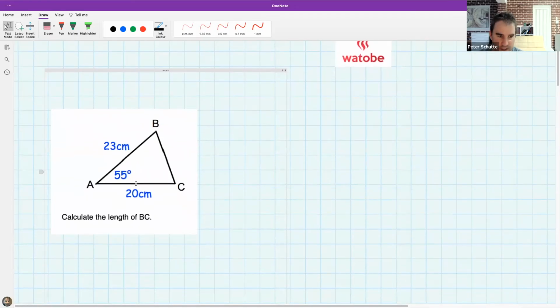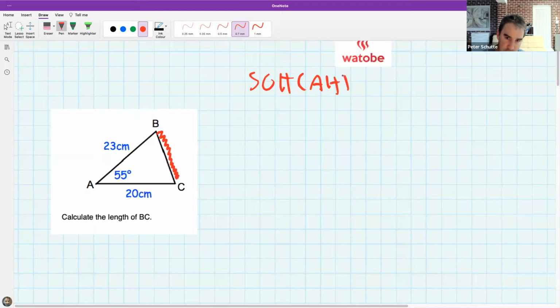Okay, so if we look at this triangle, if I wanted to find the length of this side over here, in my current toolkit, I can't use SOHCAHTOA because it is not right angled.